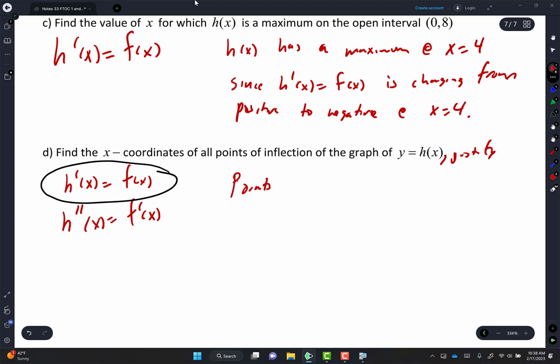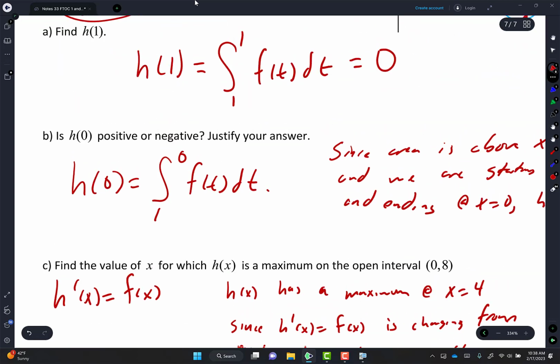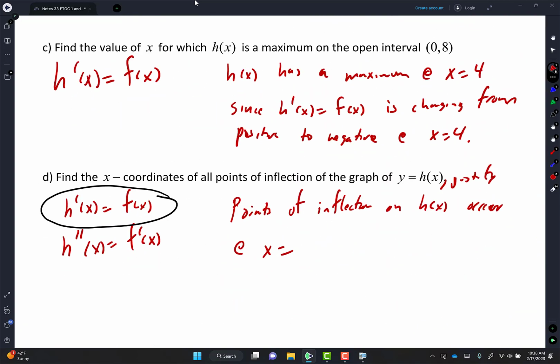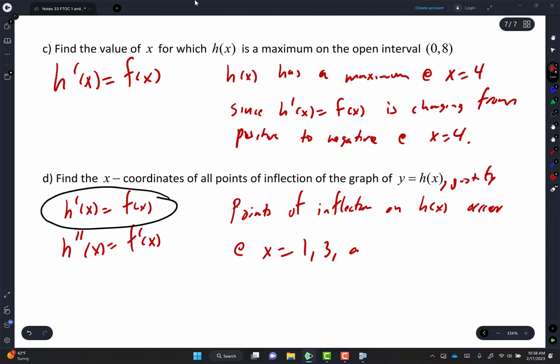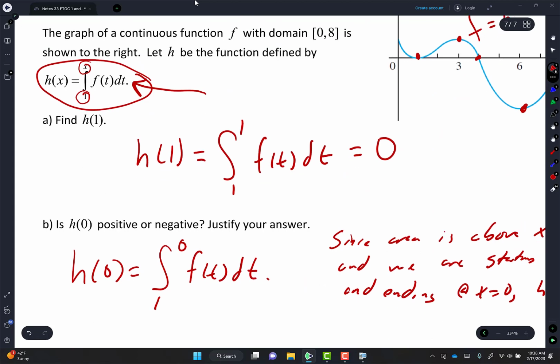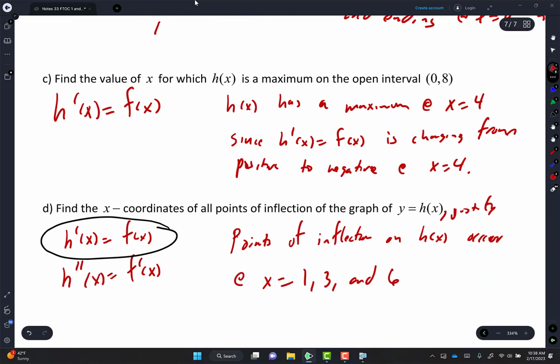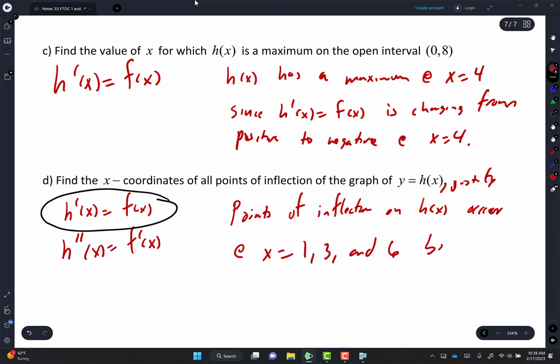Points of inflection on h of x occur at x equals, what was it, 1? So 1, 3, and 6. And always state the first one first, because h prime, which equals f, you can say h prime equals f instead of h prime of x, which equals f of x. It doesn't matter.